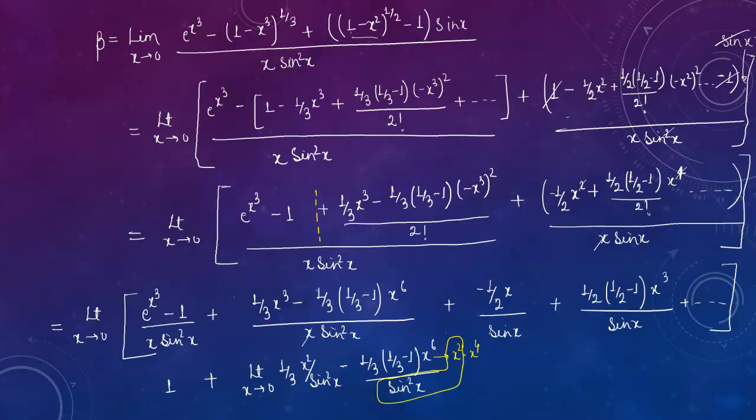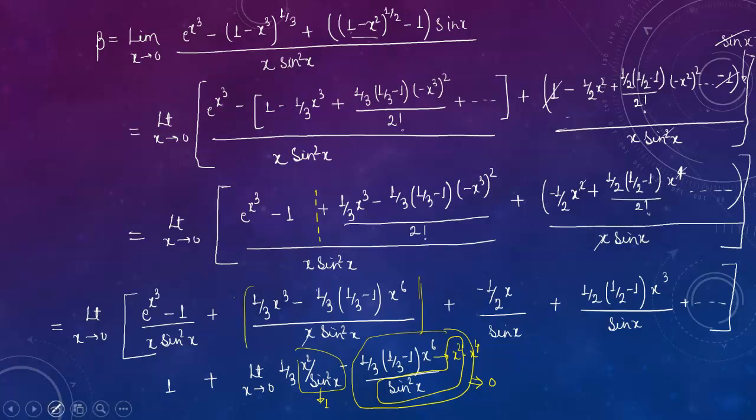So this whole term will give me value as 0. The other one is the same as before, I have explained, it will give us value as 1.